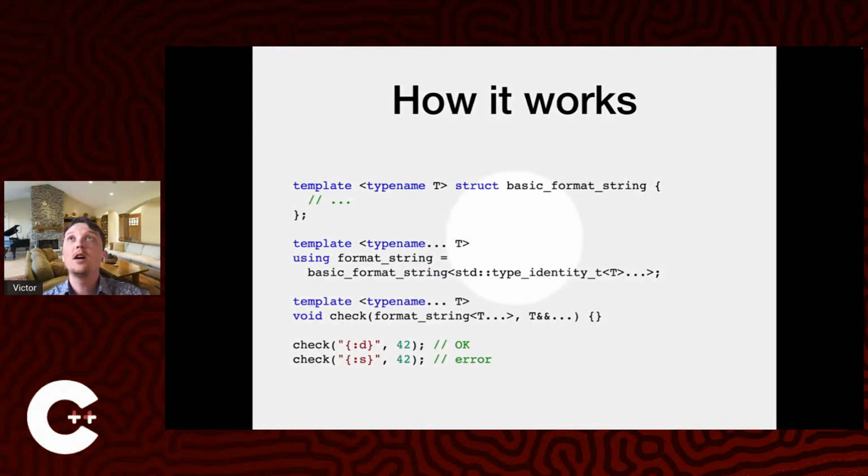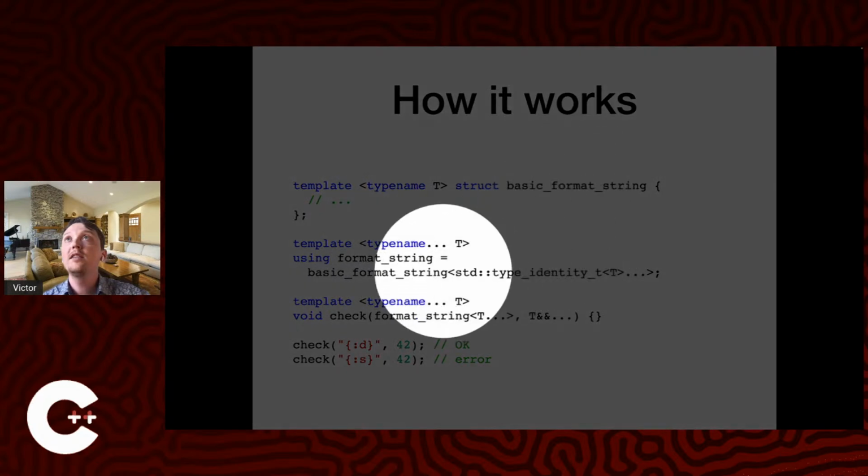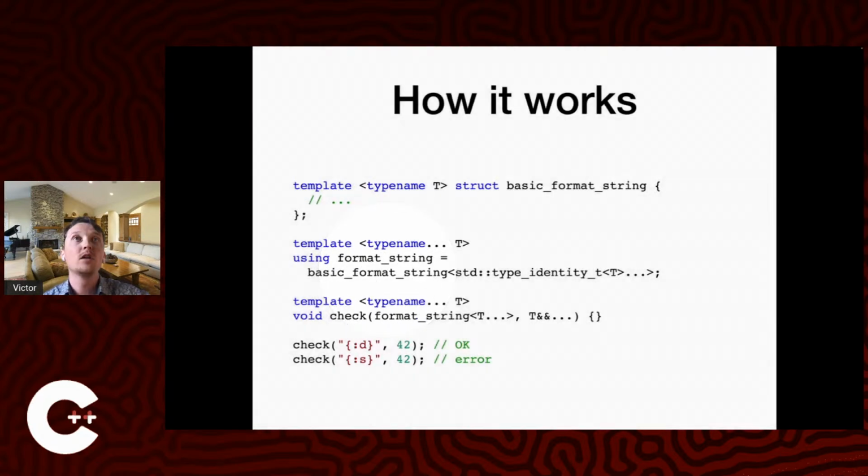So we have our basic format string. We have our type identity, which suppresses template argument deduction, and then we put everything together in a check function here, which takes a format string and formatting arguments, and we can check that it actually works. Our one slide implementation of compile time checks actually works.